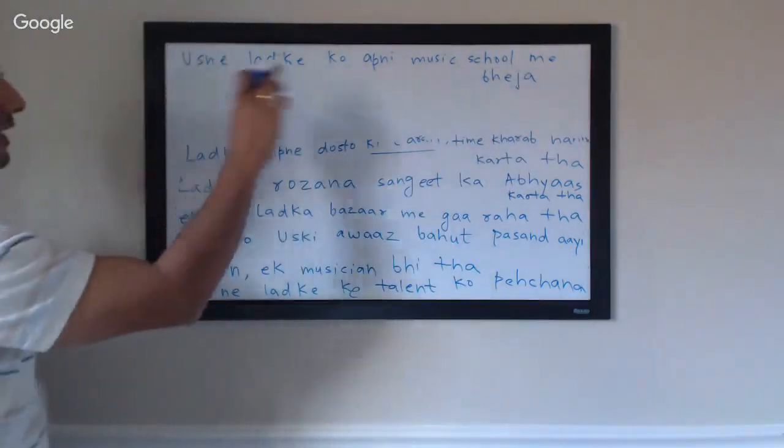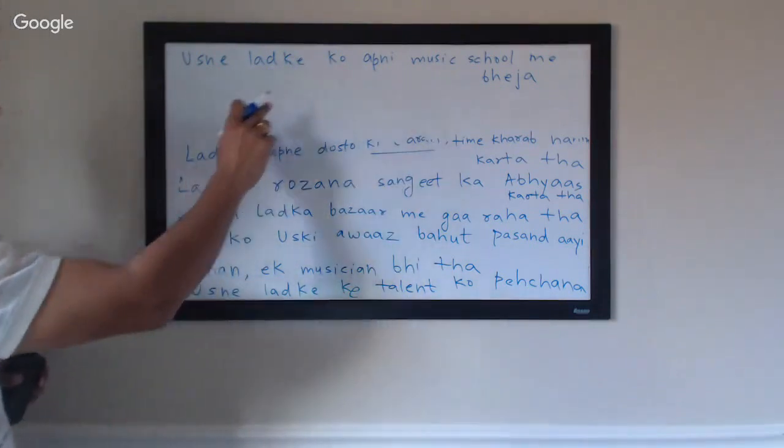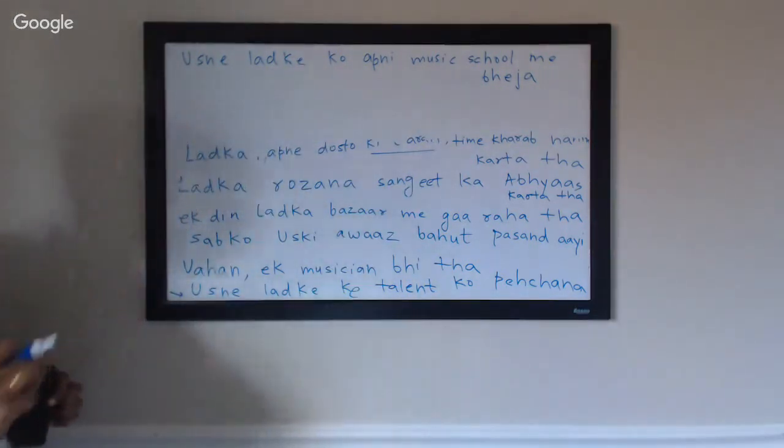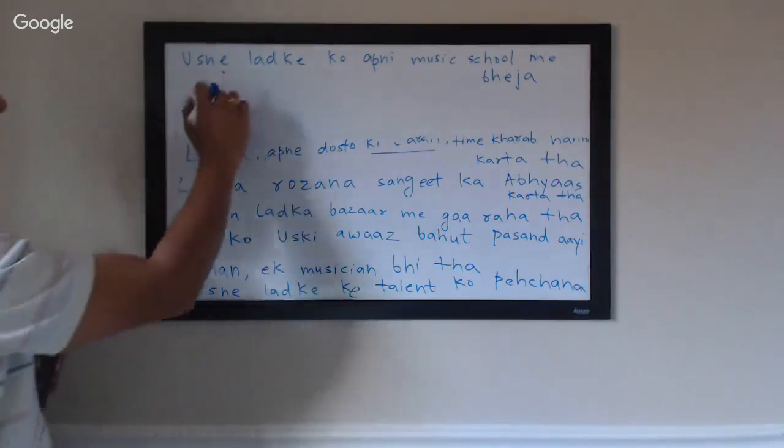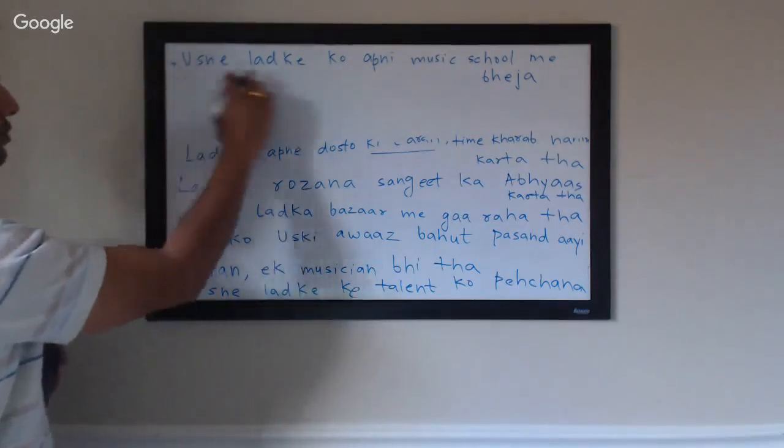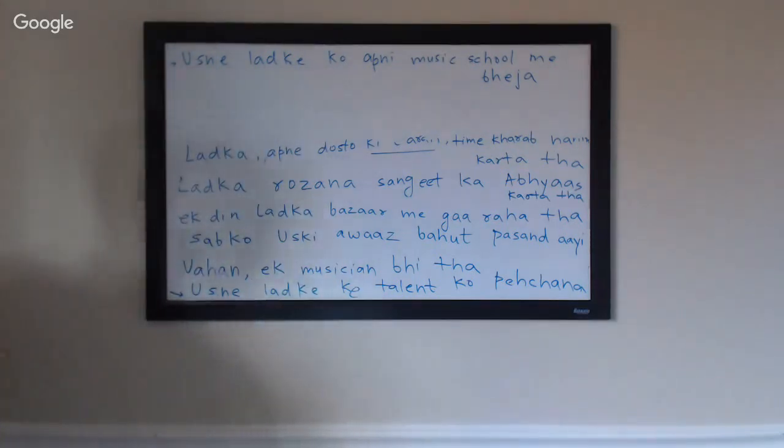Okay, all of you can write down this one, the last two sentences, even folks who are on Facebook Live. Carolina, please give it a try. उसने लड़के को अपनी म्यूजिक स्कूल में भेजा.